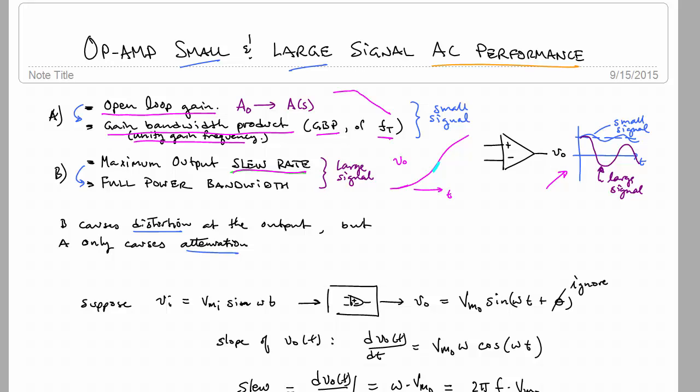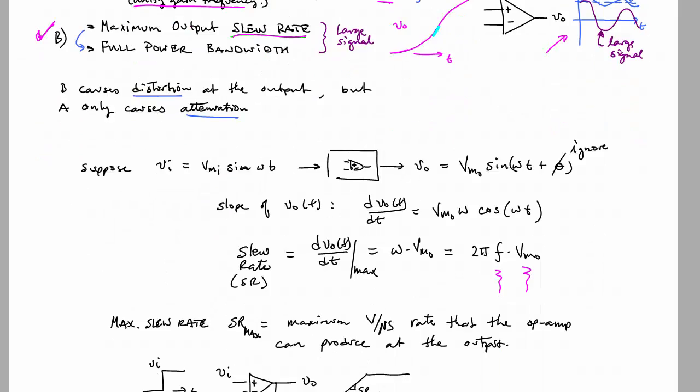So we've talked about the large signal AC performance. Now we're going to look at the small signal AC performance, mainly the fact that the open loop gain is a function of frequency, and subsequently how that will actually affect the closed loop gain of various op-amp circuits, and furthermore, how we actually measure this frequency dependence of our open loop gain.